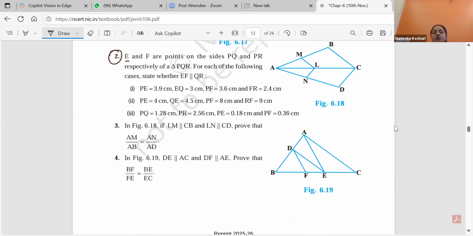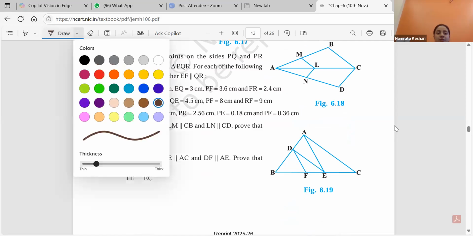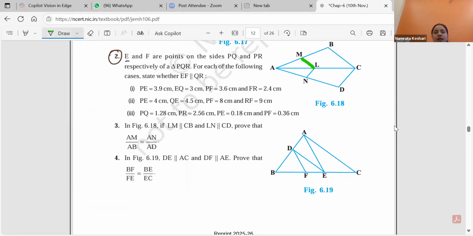In figure 6.18, this figure is for question number 3. If LM is parallel to CB, I'm highlighting LM and CB. LM is parallel to CB.